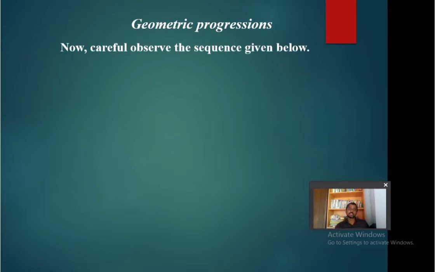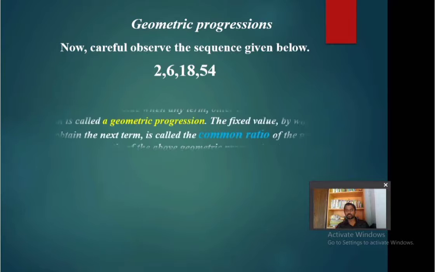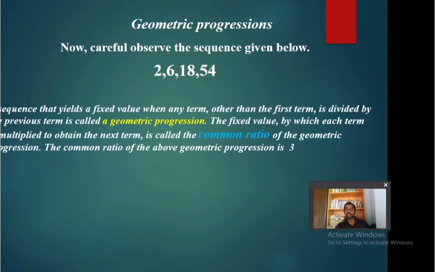Now, let's see what a geometric progression is. Look at this sequence: 2, 6, 18 and 54. Between consecutive terms, the ratio is equal. That kind of sequence we call a geometric progression.